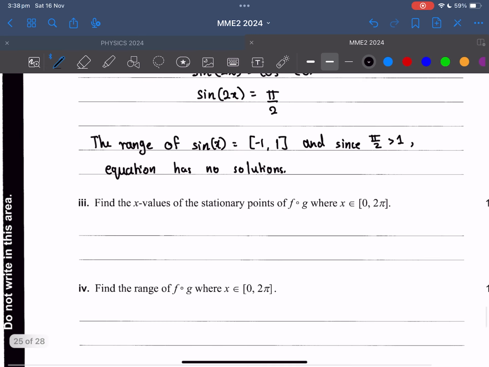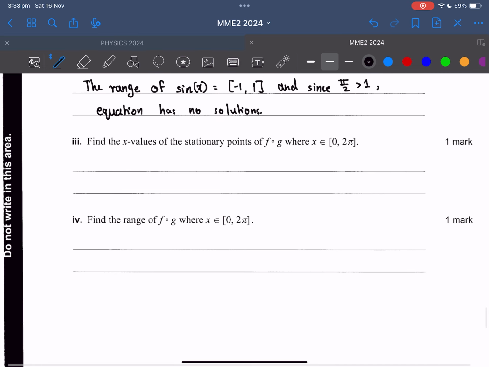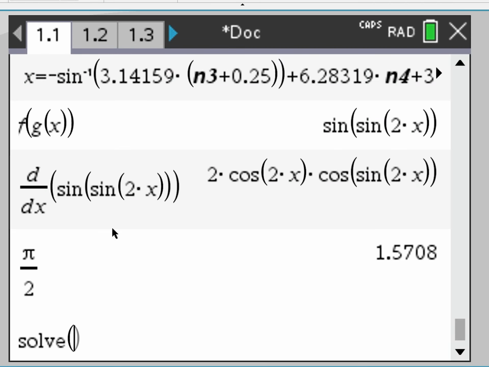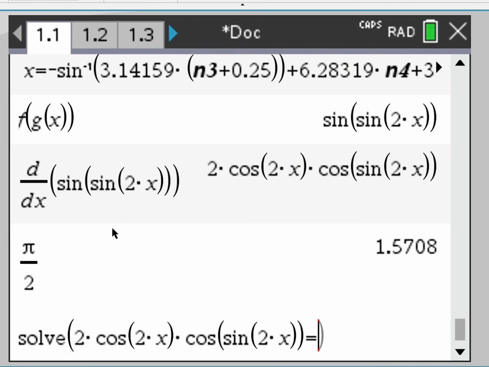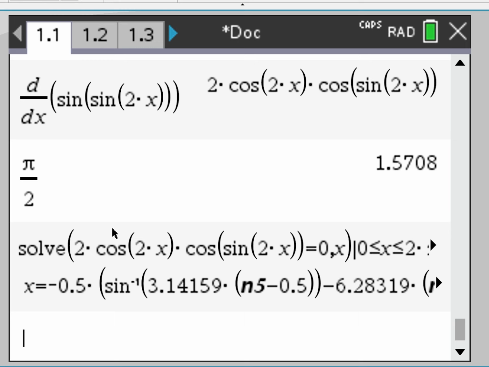Okay, find the x values of the stationary points where x is between 0 and 2 pi. So we have to set the derivative equal to 0. So solve that equals 0 comma x, and the domain is 0 less than or equal to x less than or equal to 2 pi. Again, it's giving me general solutions.